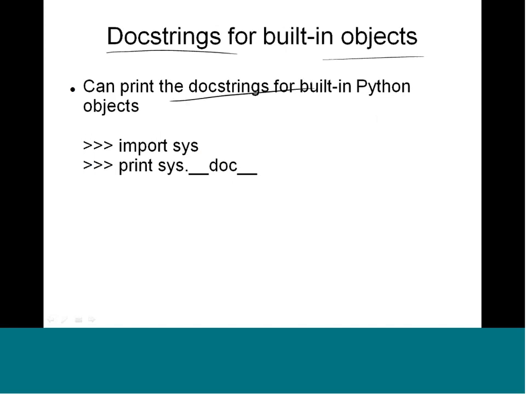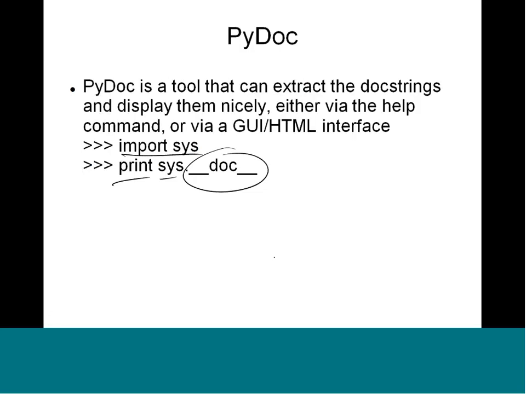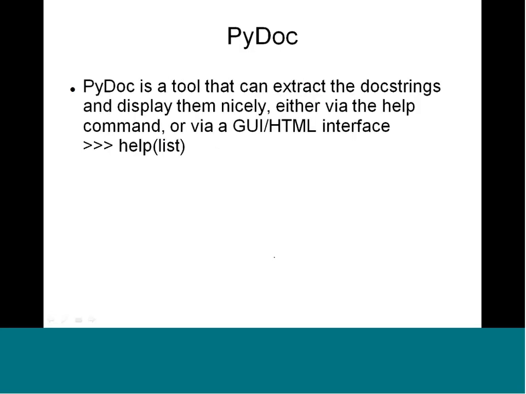For example, we can print these doc strings for built-in Python objects by just using the relevant underscore doc underscore. For example, if we import sys, we can do print sys dot underscore doc underscore. So this is something that is useful. So I think you can find out what this prints out.